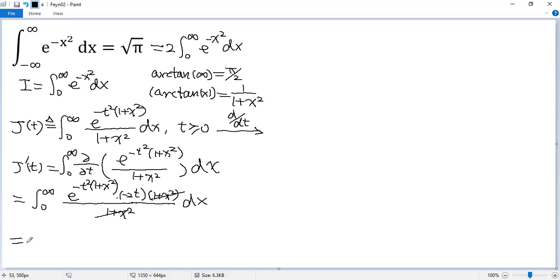So we get the integral from 0 to infinity. Actually, we can also take the factor negative 2t out, and also break the exponent into e to the power of negative t squared times e to the power of negative t times x squared, dx.